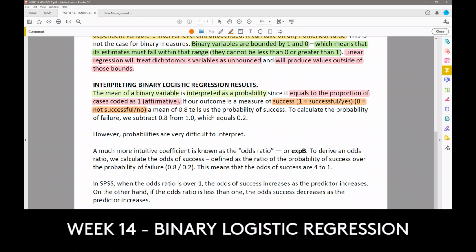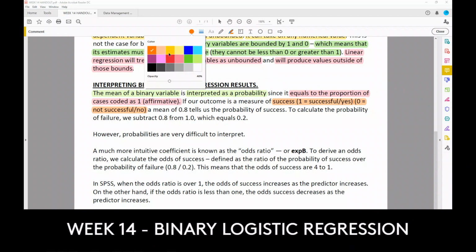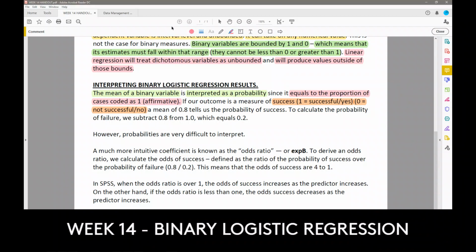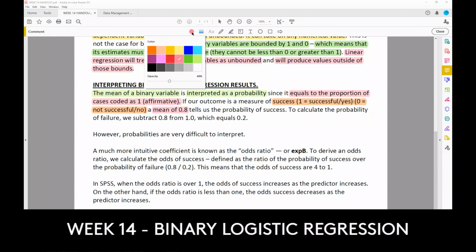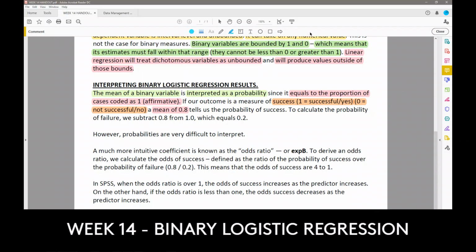If that variable produced an average of, let's say, 0.8, this means that our probability of success equals 0.8, which is the mean of a binary variable.